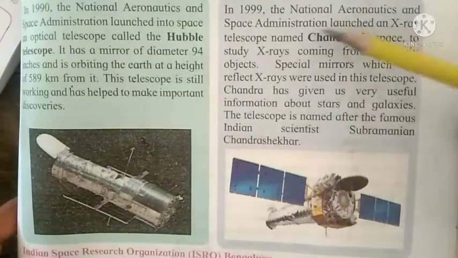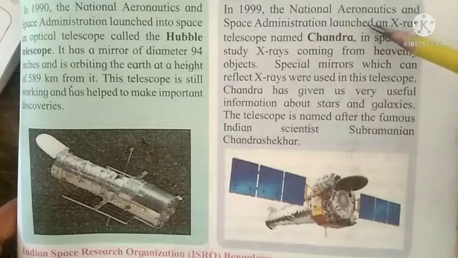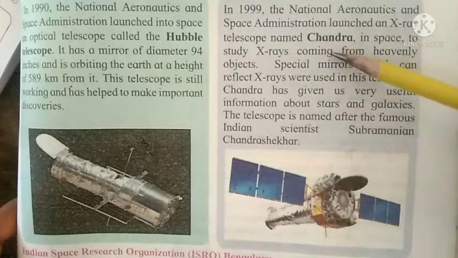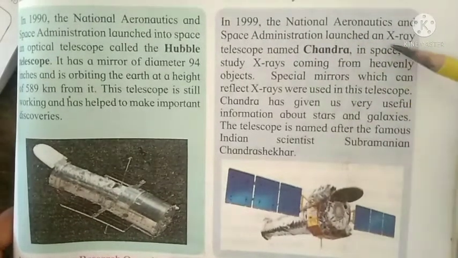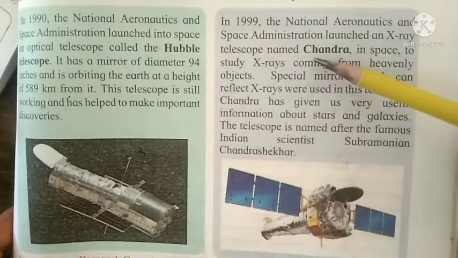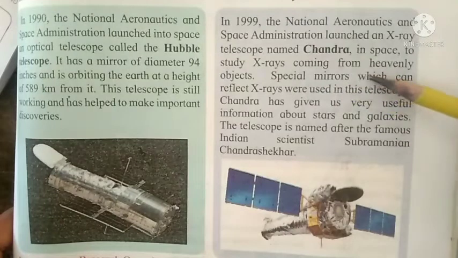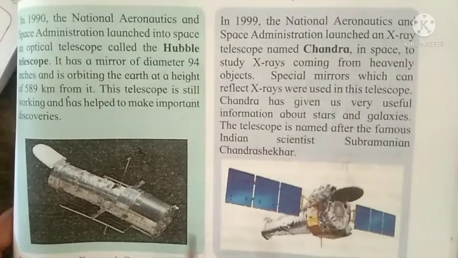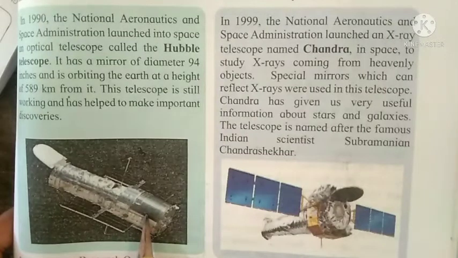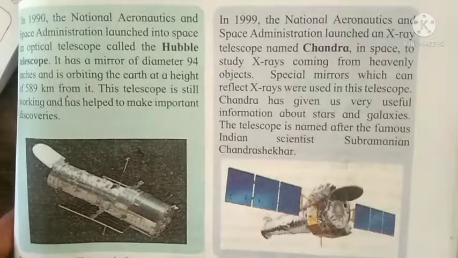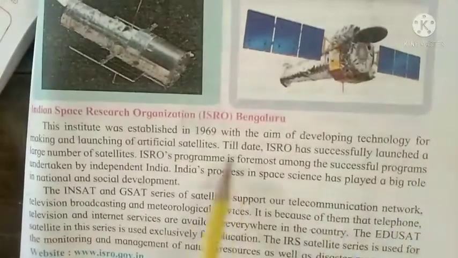In 1999 the National Aeronautics and Space Administration launched an X-ray telescope named Chandra in space to study the X-rays coming from heavenly objects. So these are the two telescopes of space.